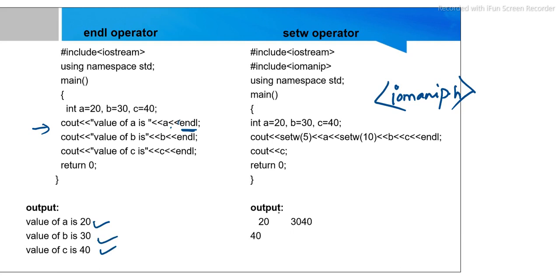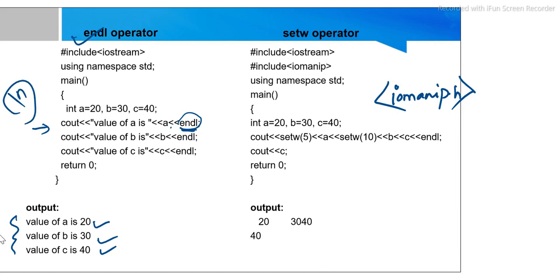If you do not mention endl here, these three statements will be printed in a single line only. So to display our output in a separate line, we have to use endl. This is the same job which is done by \n.